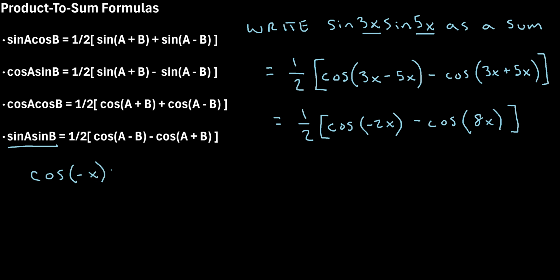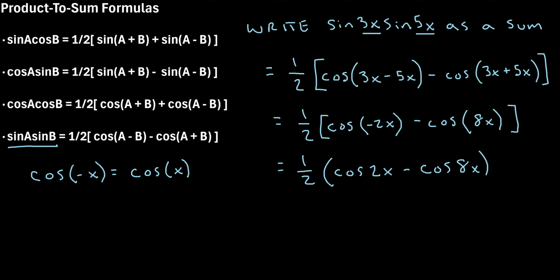So the cosine of negative x is just equal to the cosine of positive x. So we can actually write our final answer as 1/2 times the cosine of positive 2x minus cosine of 8x. So that will be our final answer.